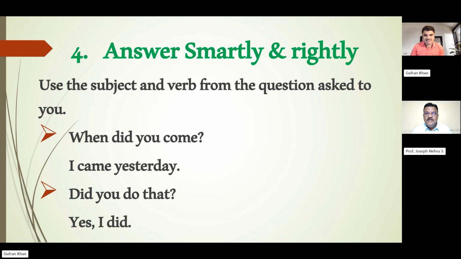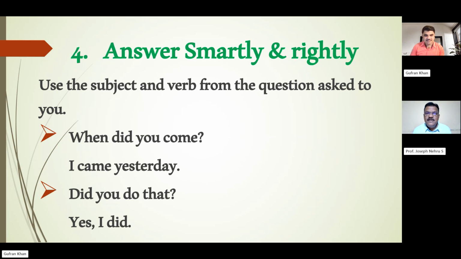For example, the question asked to you is, when did you come? You have identified the subject and the verb from this question. Now try to know how to put it in the right way in your sentence when you reply to your friend.